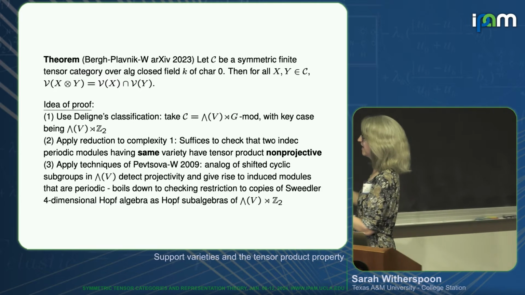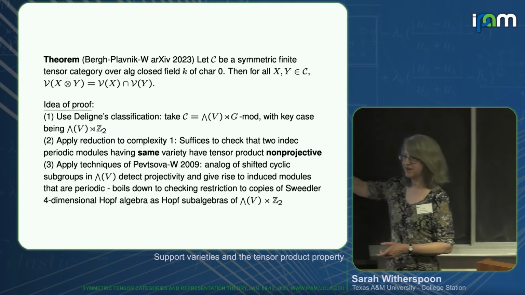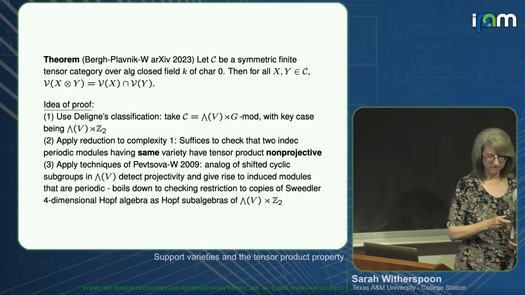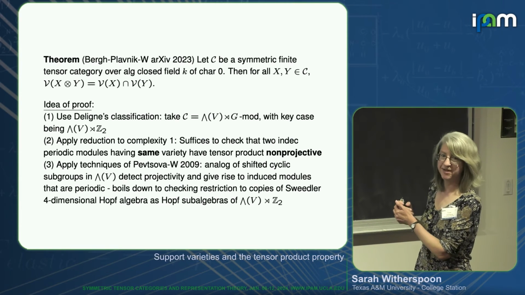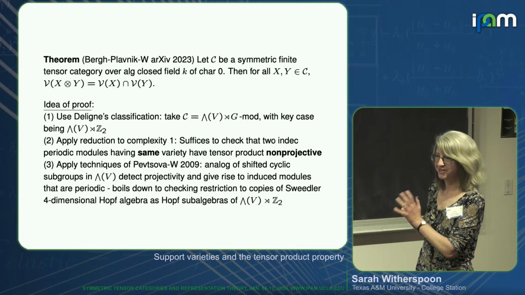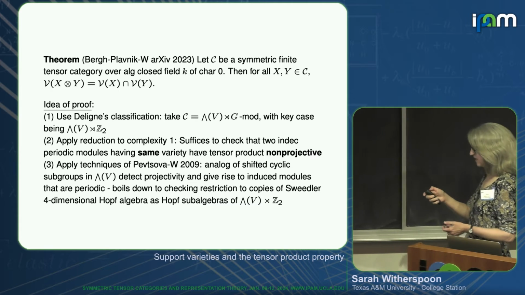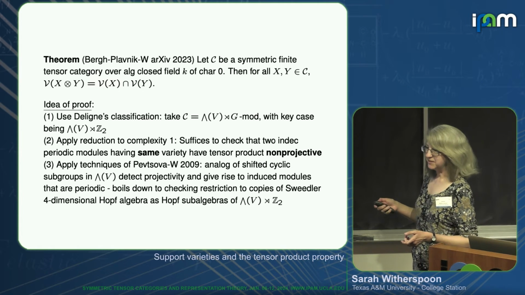It was really frustrating that we had this reduction to complexity 1, and somehow that wasn't helping as much as we had hoped. But anyway, this is a statement about symmetric tensor categories, so that justifies my talk at this conference. I wanted to say something about that. Okay, any other comments about this?